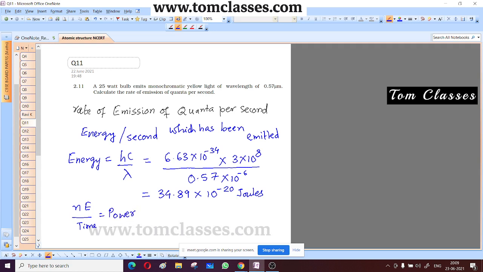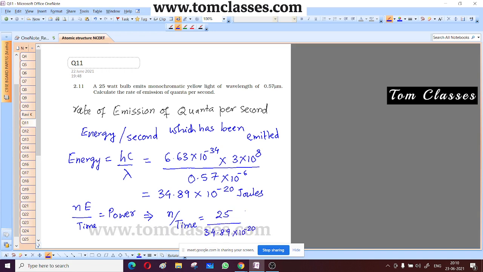So n is the number of quanta, so quanta per second is n by time, that is what he is interested in asking us. So this rate is going to be 25 watt divided by 34.89 into 10 to power minus 20.